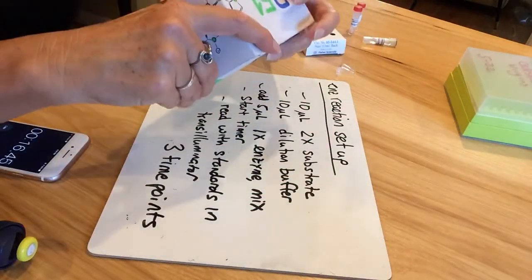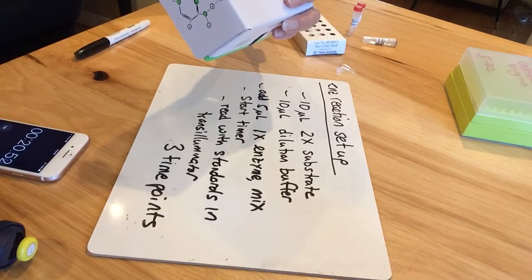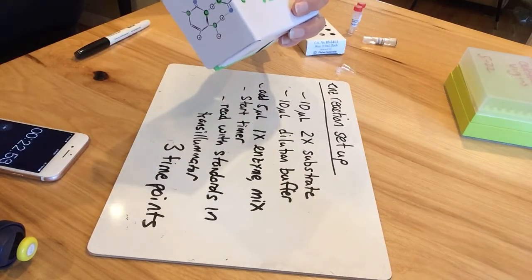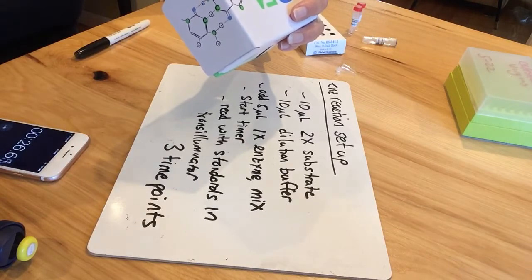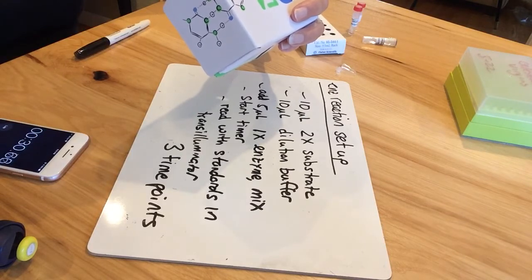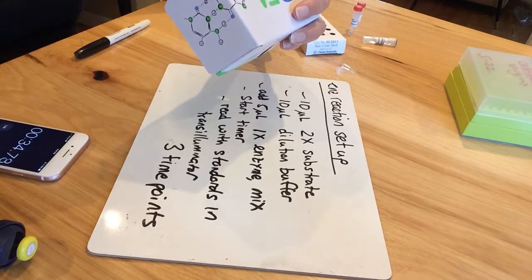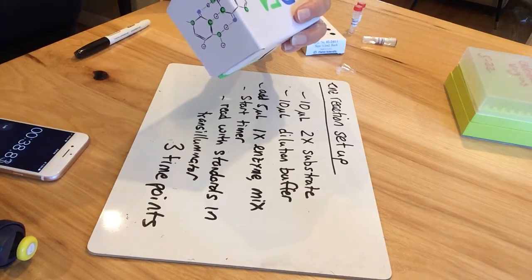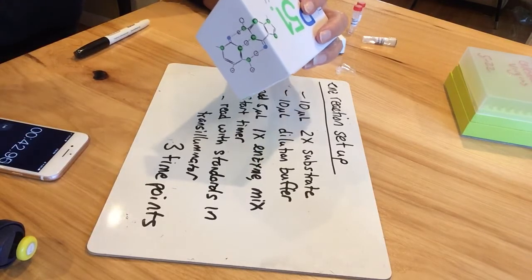And so I can say, okay, in 15 seconds it looks like tube 3 already. And so I'd write that down. And then in 30 seconds it looks like tube 4. And waiting for it to look like tube 5.